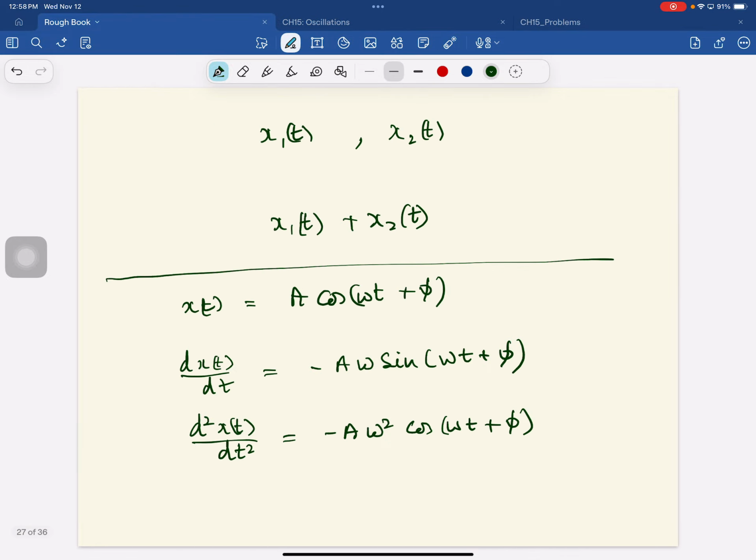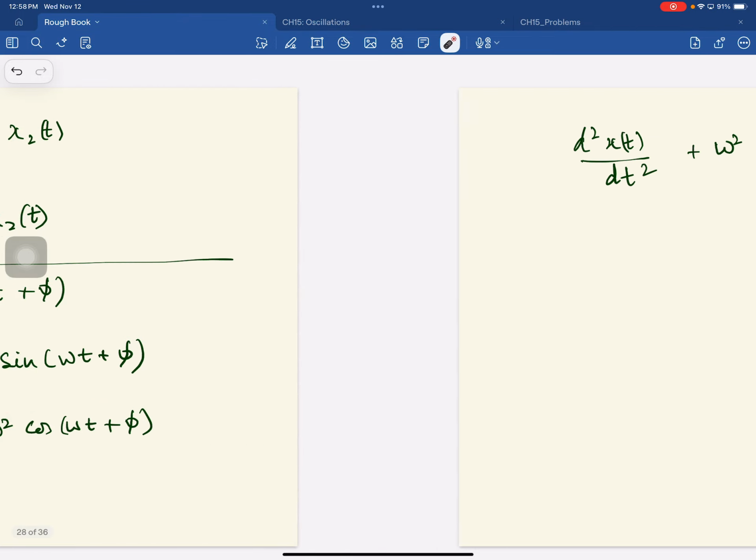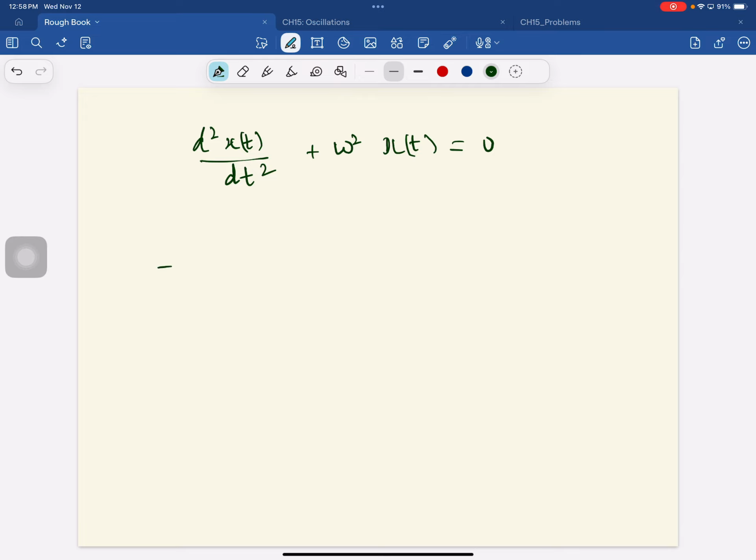So here's d squared x by dt squared, minus A omega squared cosine(omega t plus phi), plus omega squared times x.